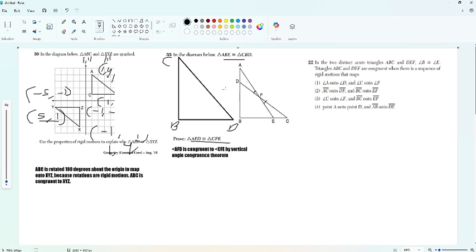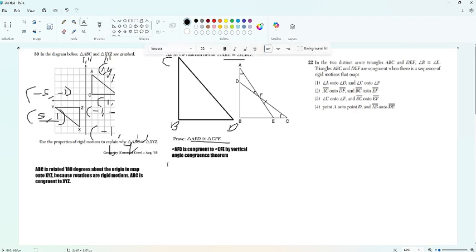CPCTC: corresponding parts of congruent triangles are congruent.